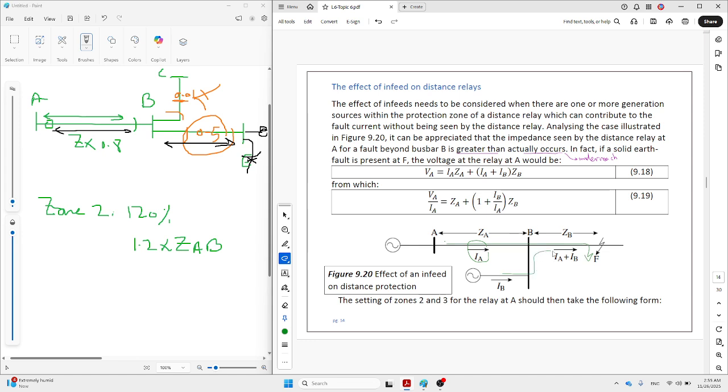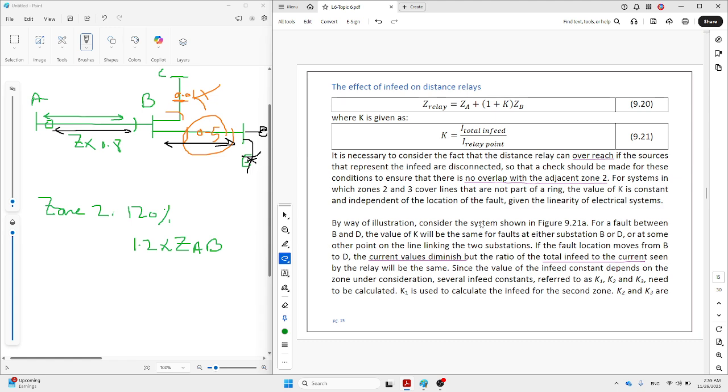IB also adds from this one and feeds. It cannot come from the other way, this one is not accepted. So all the K is the current of the new generator or new points added to the normal relay current.